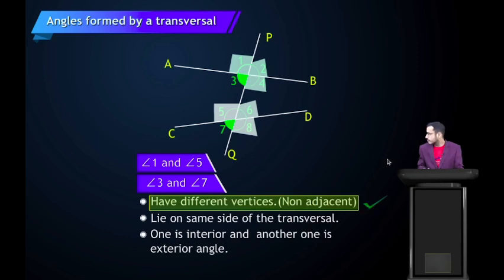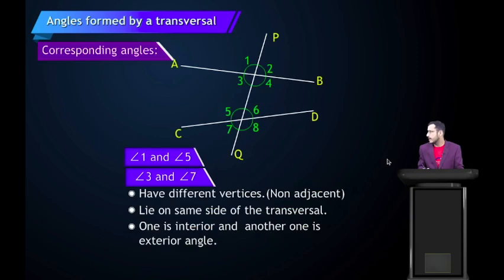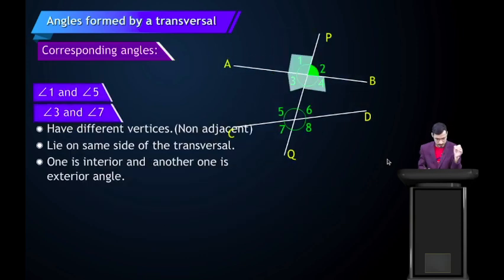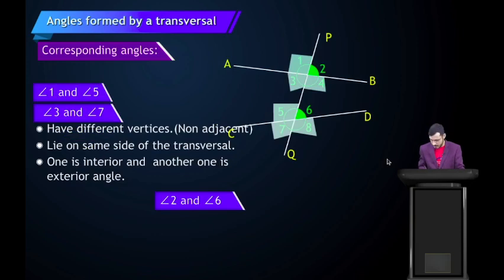So now, corresponding angles. In this case, the pair of angle 1 and 5 and angle 3 and 7 are both corresponding angles. You can see angle 2 and angle 6, and angle 4 and angle 8.